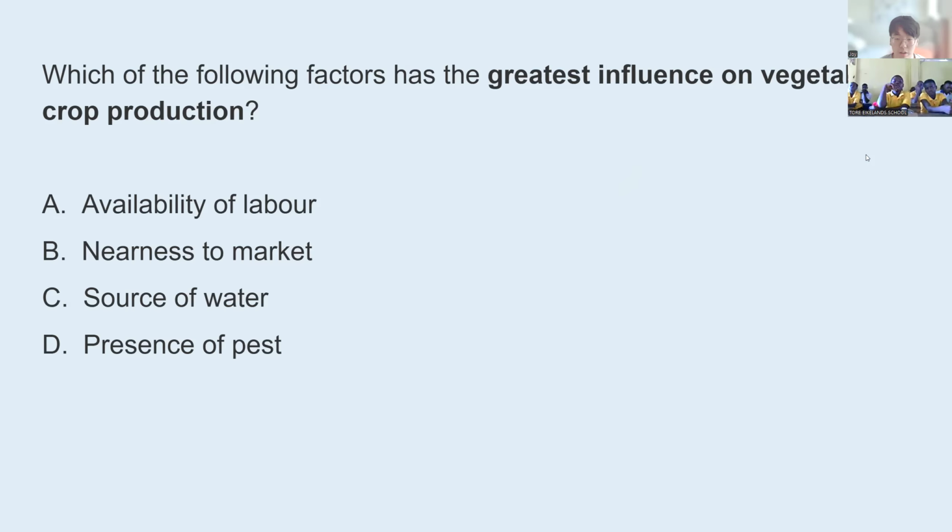Now let's look at this next question. Which of the following factors has the greatest influence on vegetable crop production? What do you think is the answer?